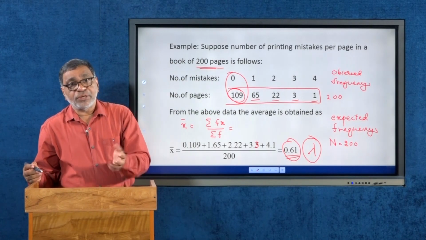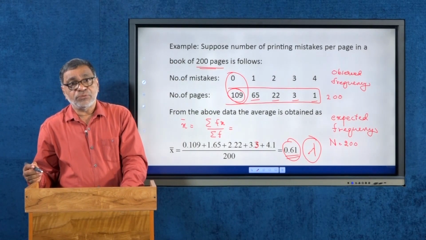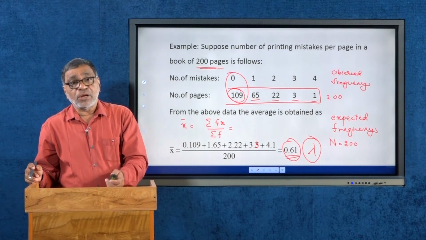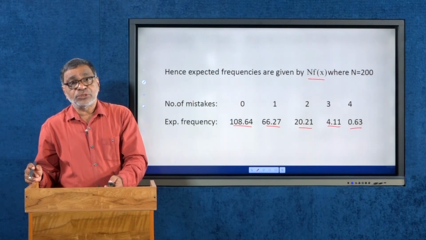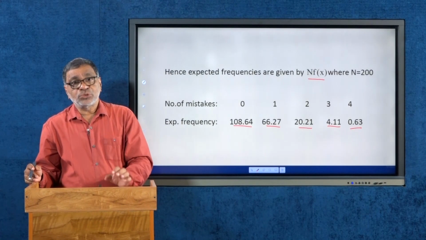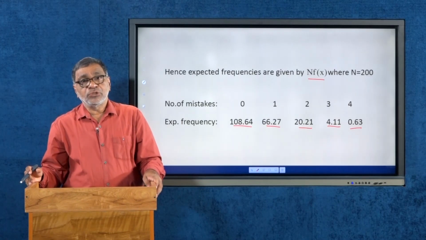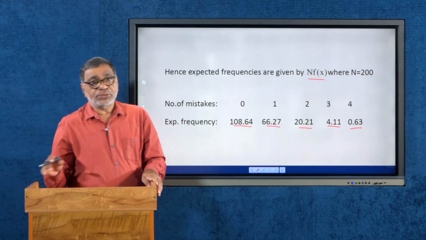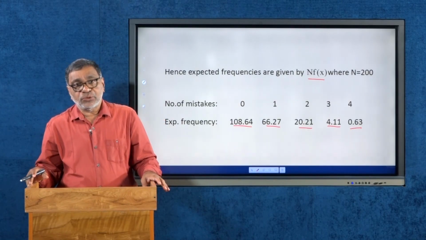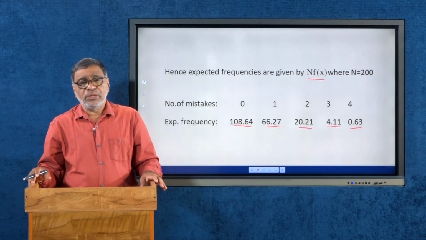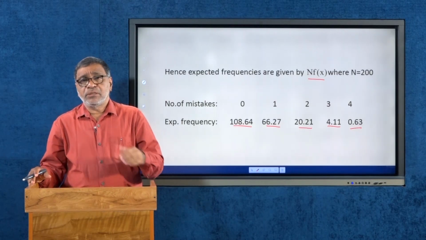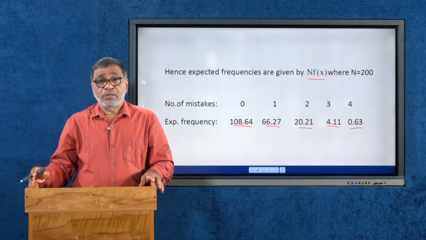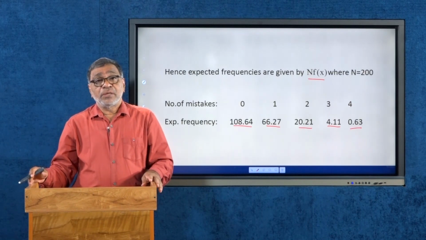We have the observed frequencies 109, 65, 22, 3, 4 corresponding to 0, 1, 2, 3, 4, and now we obtained the expected frequencies: 108.64, 66.27, 20.21, 4.11 and 0.63. So, here actually we are addressing a given observation and finding the expected values.